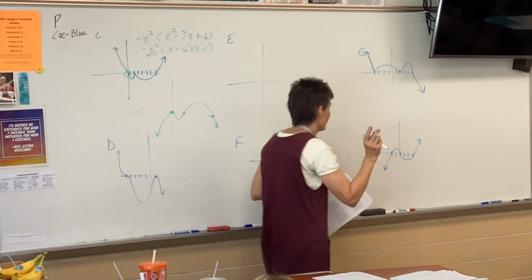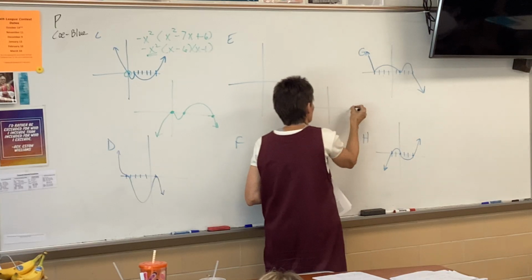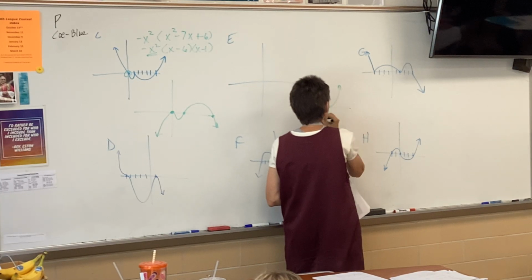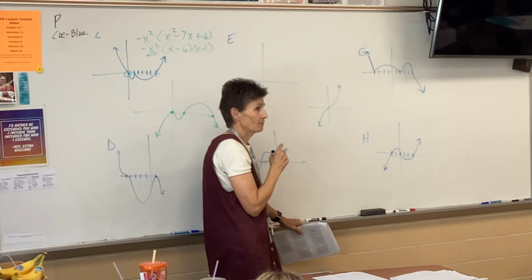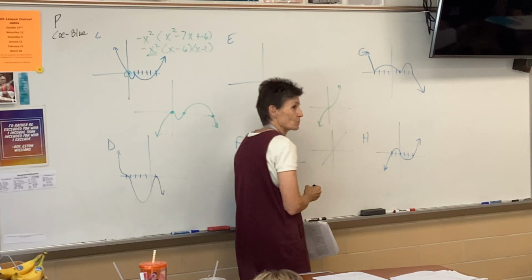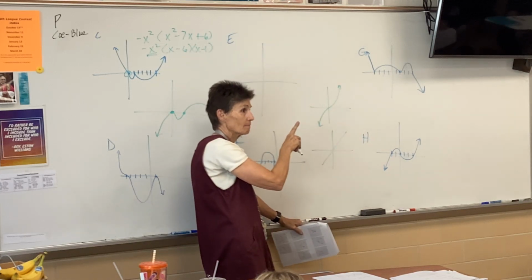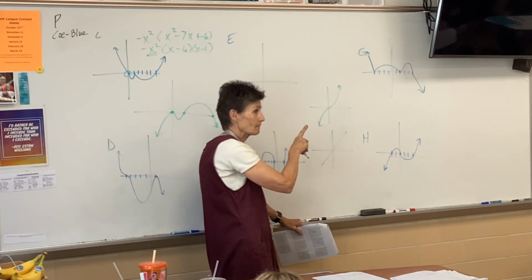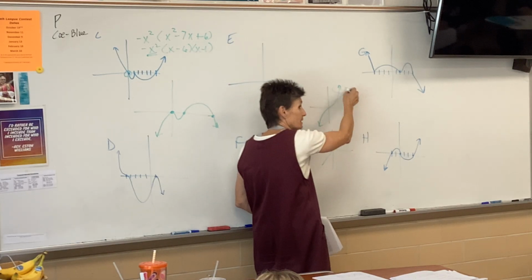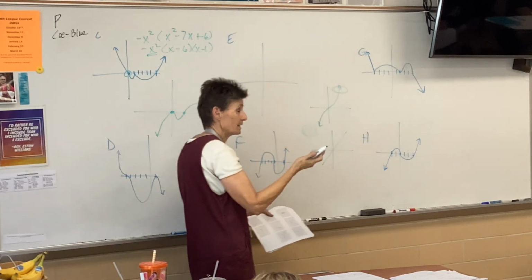Oh, yeah. Remember guys, odd powers look like this. This is the way odds behave. Think of a regular line. That's x to the first. That's how it behaves. Any odd power is going to start down and end up normally.